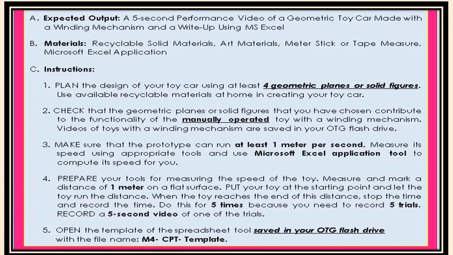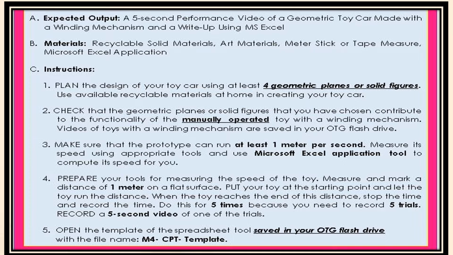Now, here are the needed materials for you to use in this MCPT. First off, we have the recyclable solid materials like empty boxes, bottle caps, and popsicle sticks maybe, art materials, meter stick or tape measure for measuring the speed of the toy, and then Microsoft Excel application.